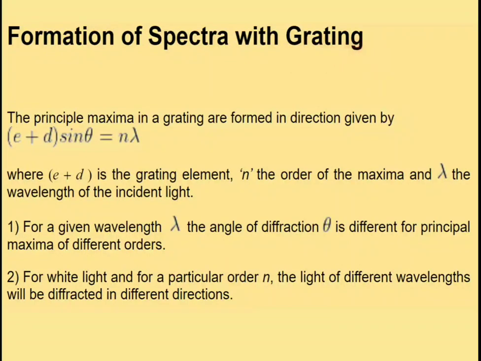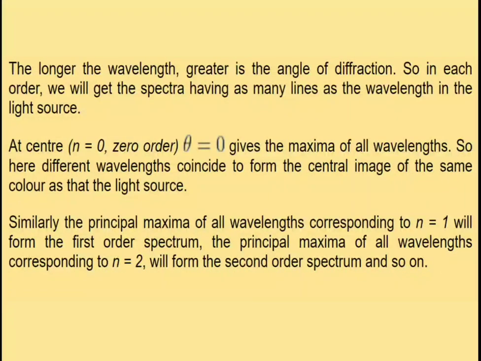That means when a grating is exposed to white light, for a particular order n, the light of different wavelengths will be diffracted in different directions. The longer the wavelength, the greater the angle of diffraction.